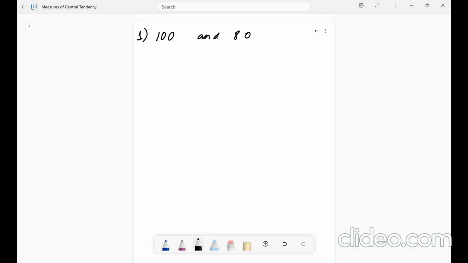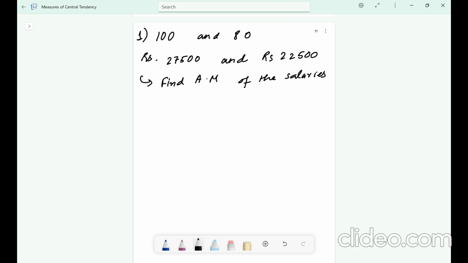If the AMs of the monthly salary paid by the two branches are rupees 27500 and rupees 22500, find the AM of the salaries of the employees of the company as a whole.